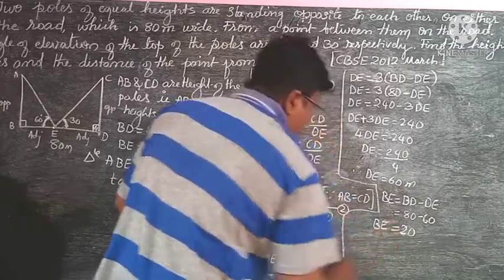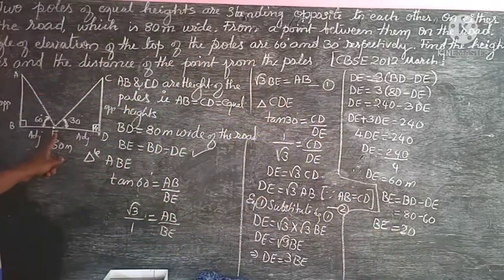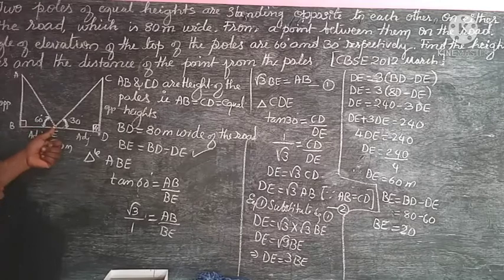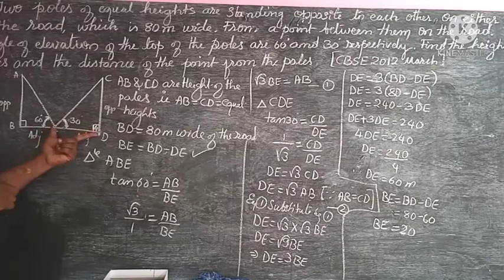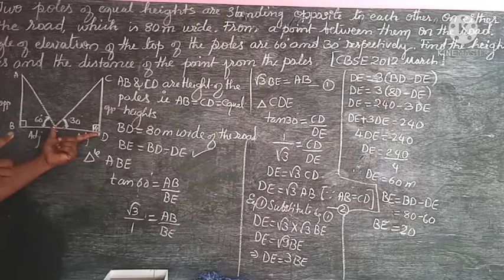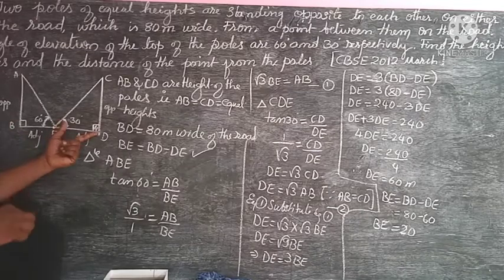The point E is the distance away from the pole. BE is 20 meters, and point E is 60 meters away from the pole CD.